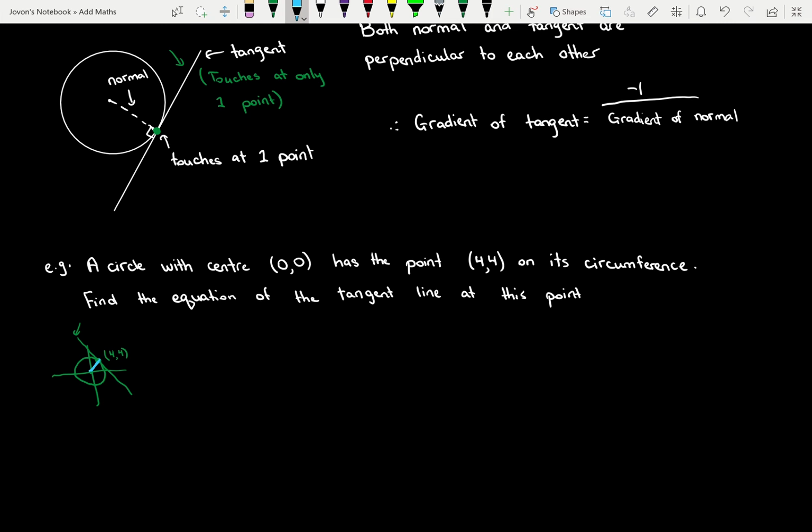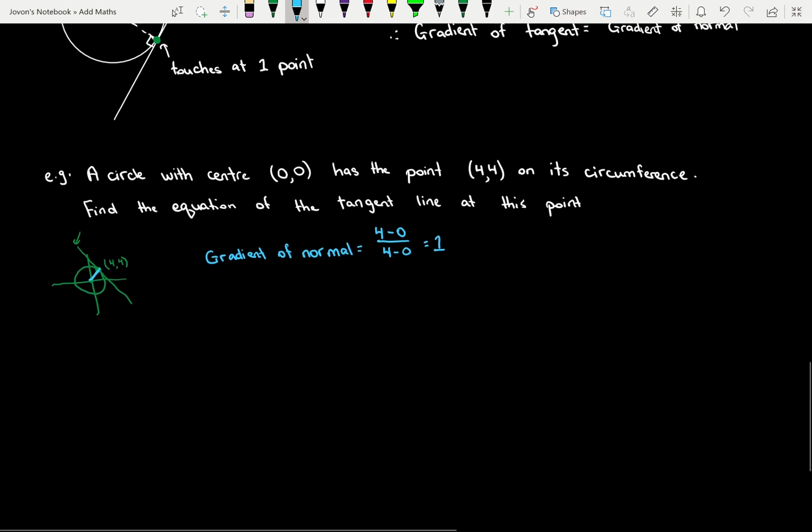So the gradient of the normal is equal to y2 minus y1 over x2 minus x1, which is 4 minus 0 over 4 minus 0, which is equal to 1. We have the gradient of the normal. Now we want the gradient of the tangent.